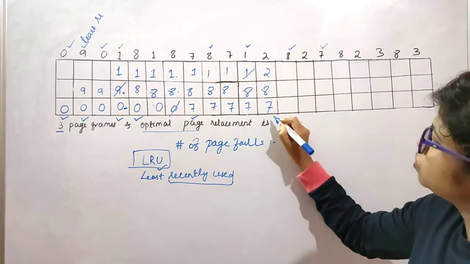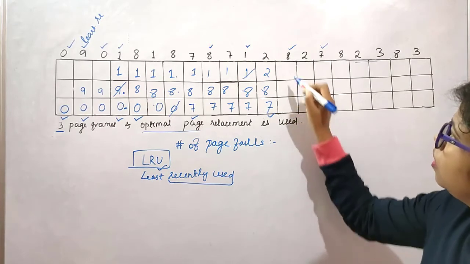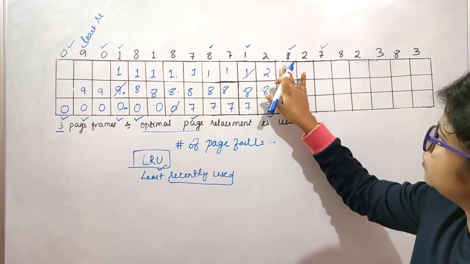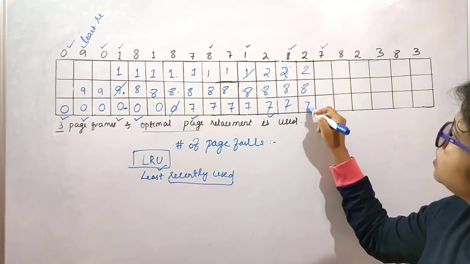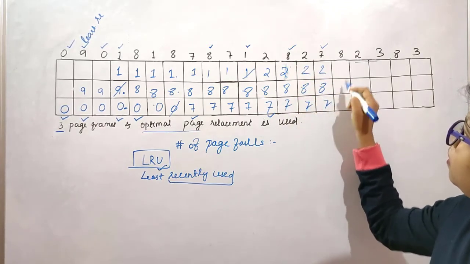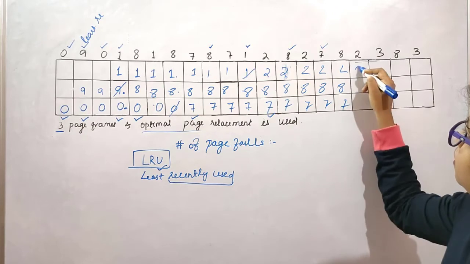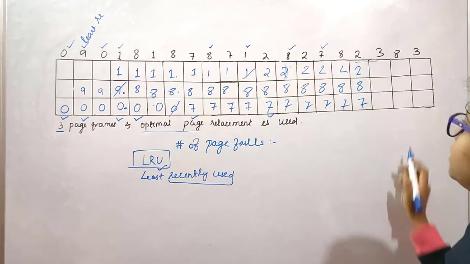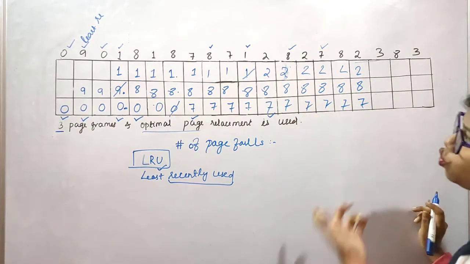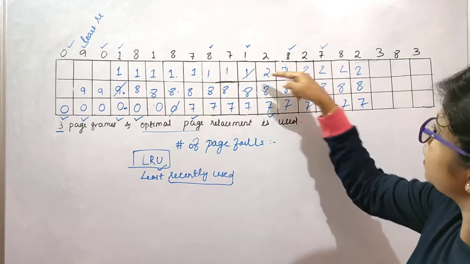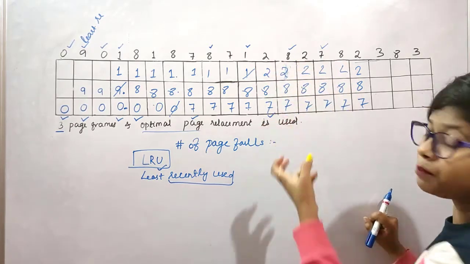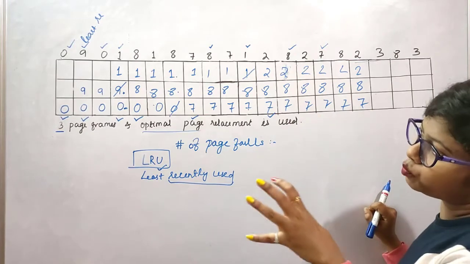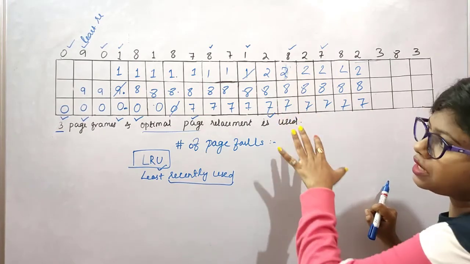Again 2, so one more page replacement occurs. So when 8 will come, this will be 2 8 7 as it is, 2 8 7 as it is. Now in this case there is no page fault because 2 8 7 everything is inside the main memory, and whenever the CPU goes, it will be a page hit, that is, that byte is available inside the main memory.